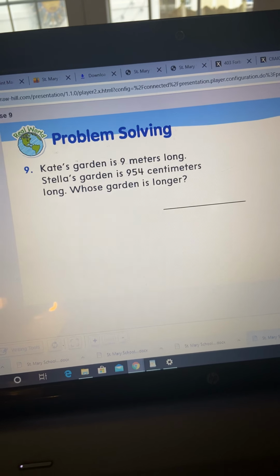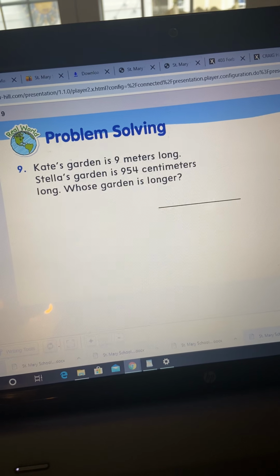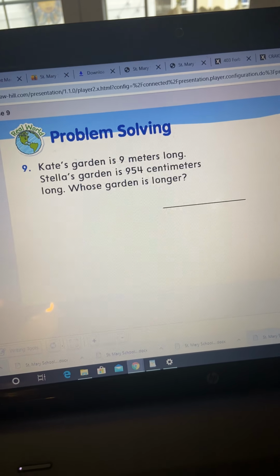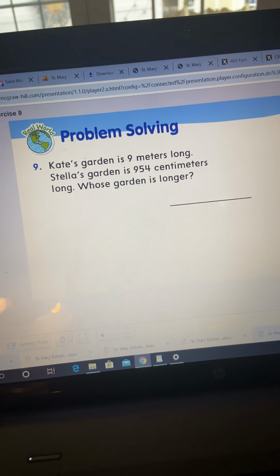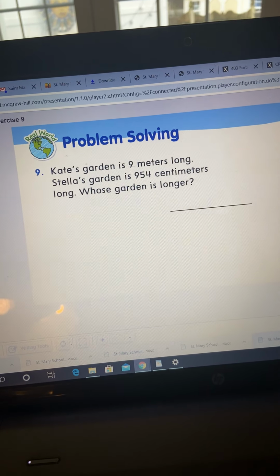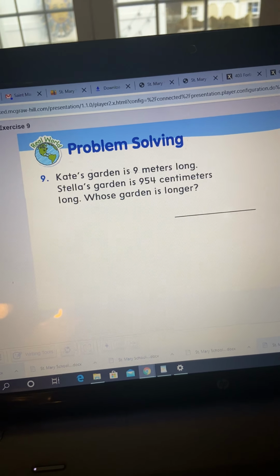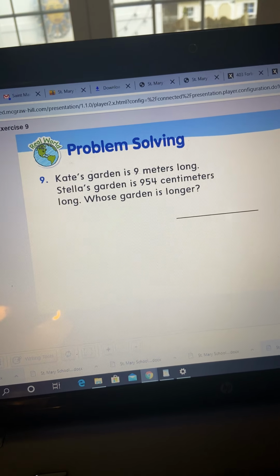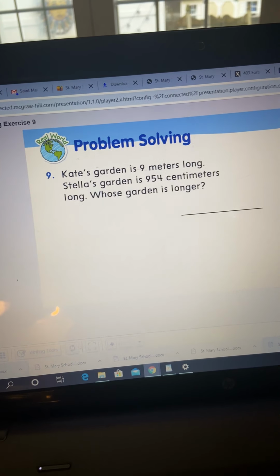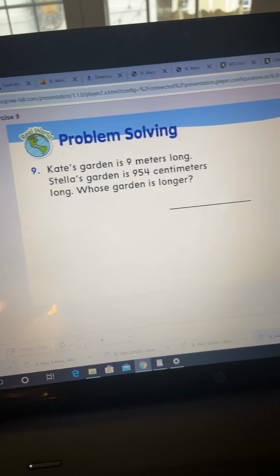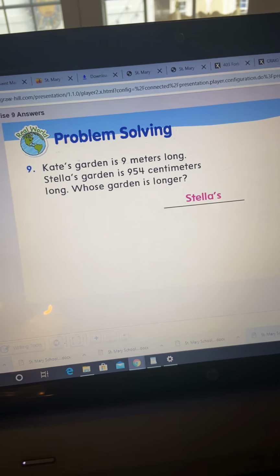Stella's is 954. We need to know whose garden is longer. So, if Kate's garden is 9 meters long, how many centimeters would that be? That would be 900 centimeters. So what is longer, 900 or 954? Well, if you said 954, you're correct, which means that Stella's garden is longer.